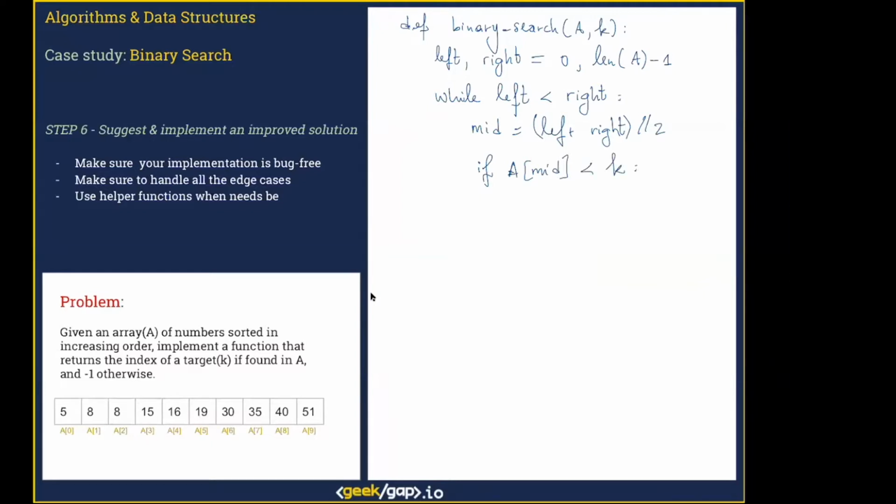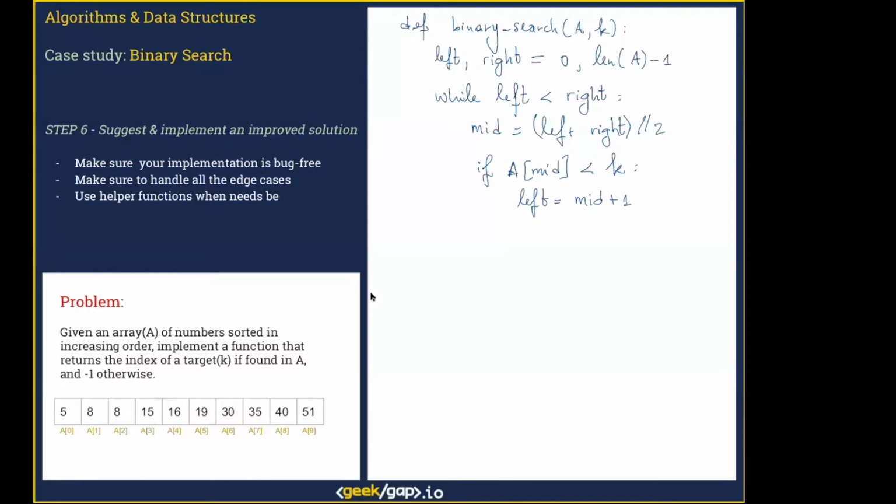It means that what we are looking for is on the right. So we have to shift left like so. So left becomes mid plus 1. When we are in this regime, it means that the target that we are looking for is on the right.